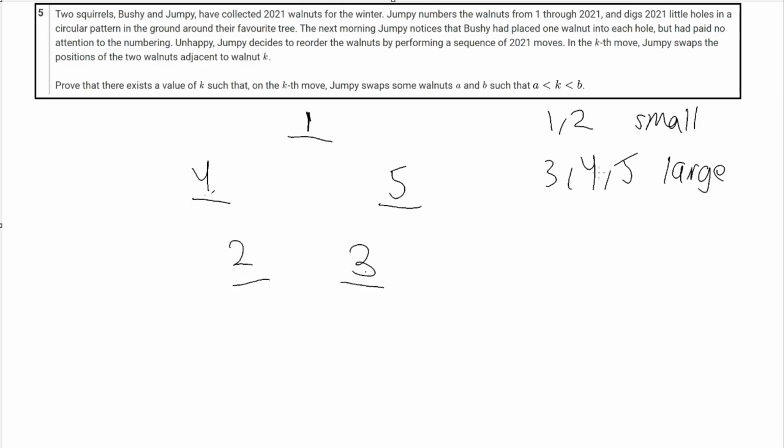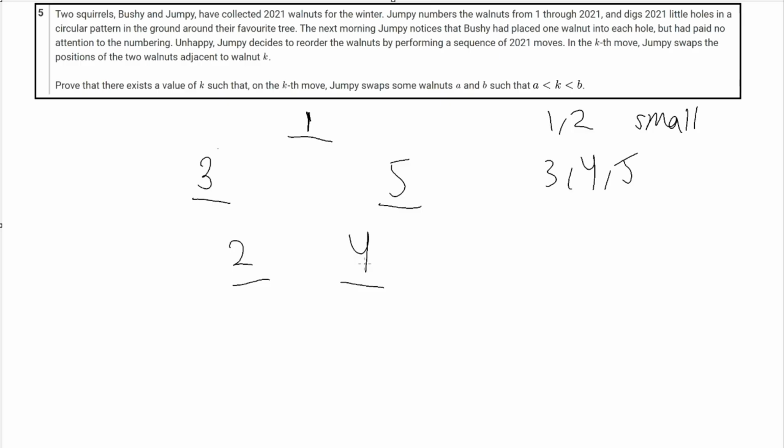So we need to somehow refine this argument, because recall what we did for the k equals 2 case, where after we swap these guys here, so that's 3 and 5, then if the 1 is right next to the 2, then we need to somehow incorporate this.